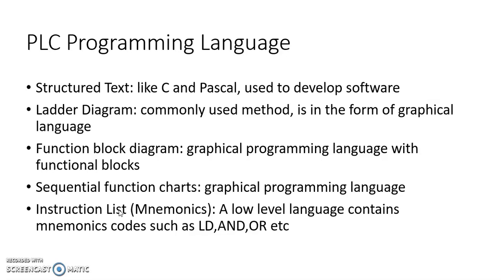It is a low-level instruction language, contains simple mnemonics codes such as LD, AND, OR, etc. and each code corresponds to ladder statement. These mnemonics are then translated into machine language. The codes used differ from manufacturer to manufacturer.